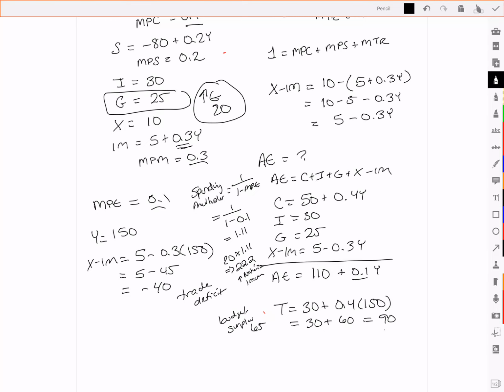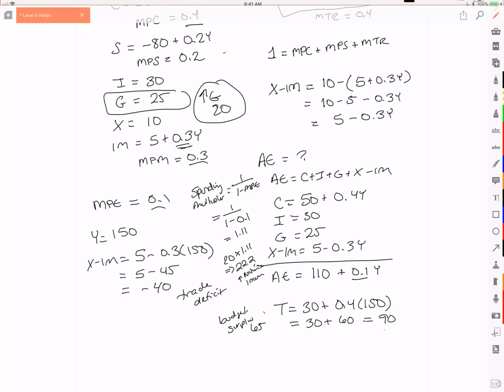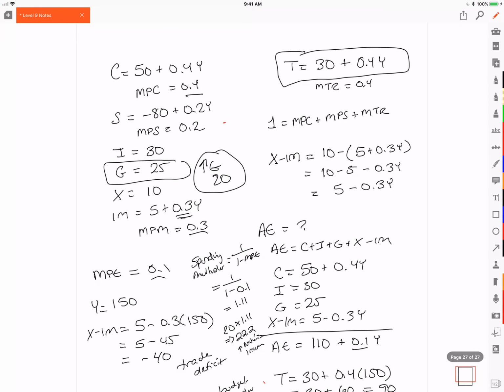So you should be able to look at the different formulas and tell what's happening in the economy based on the formulas. And you should be able to use those formulas to find aggregate expenditures, and from there find MPE, and then find the spending multiplier. How much of an impact does fiscal policy, government stimulation priming the pump, have on the economy?